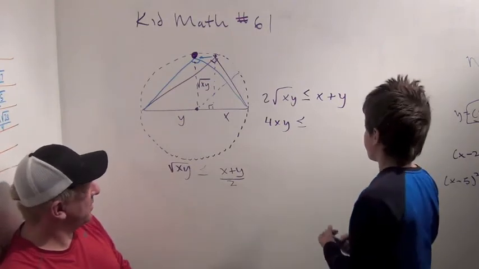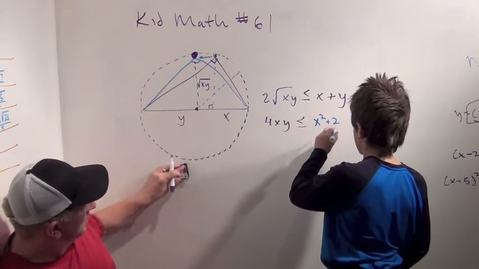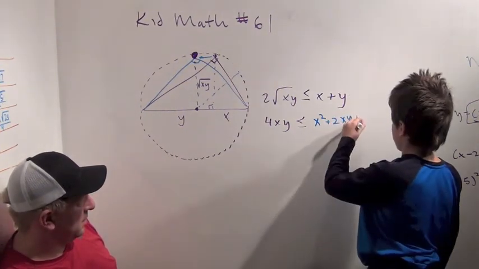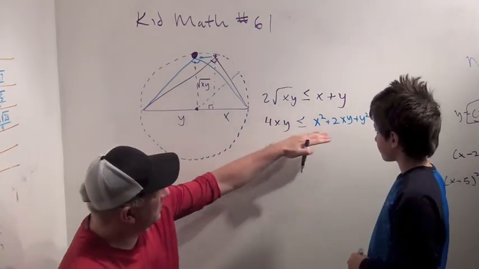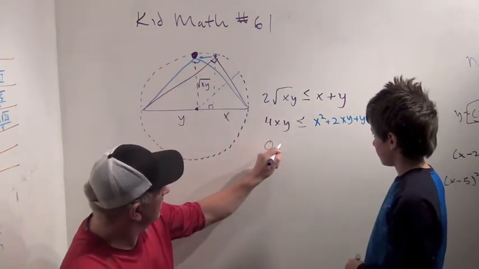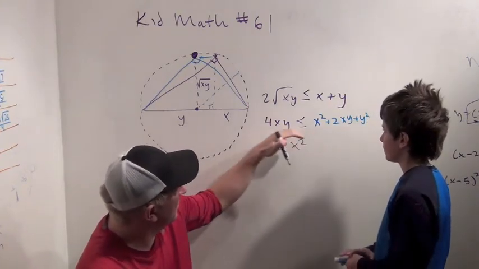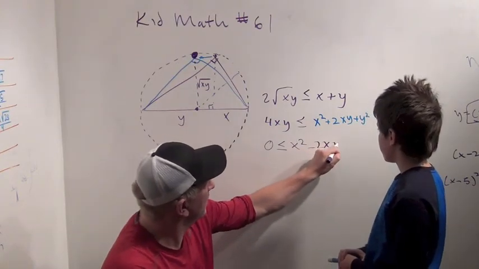It's x squared plus 2xy plus y squared. Now I'm going to move this over to the other side, and I get 0 is less than or equal to x squared, and 2xy minus 4xy gives minus 2xy, plus y squared.